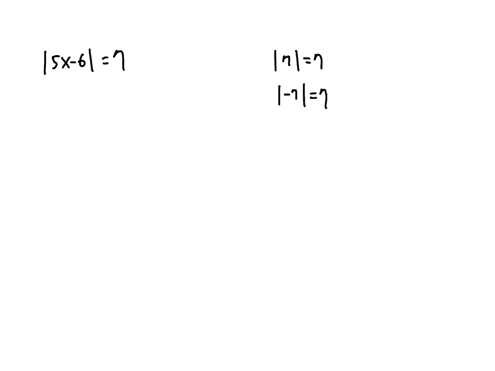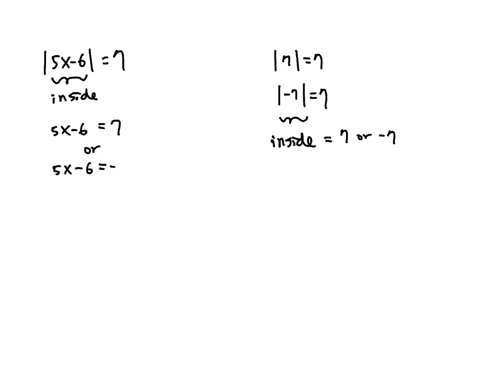So that means the inside has to equal 7 or negative 7. I am going to use that idea to help solve my question. My inside, in this case, is the 5x minus 6, which means 5x minus 6 is either equal to 7 or 5x minus 6 equals negative 7.